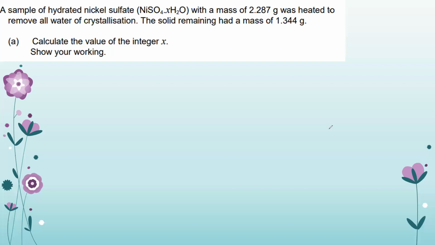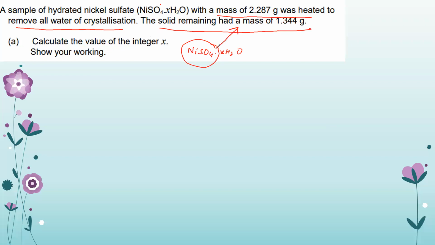We took this much mass, heated to remove all the water of crystallization, and the solid remaining had this mass. Solid means only this part, like nickel sulfate, NiSO4.xH2O. Because of this, it has water of crystallization. So this much is the mass of the solid.